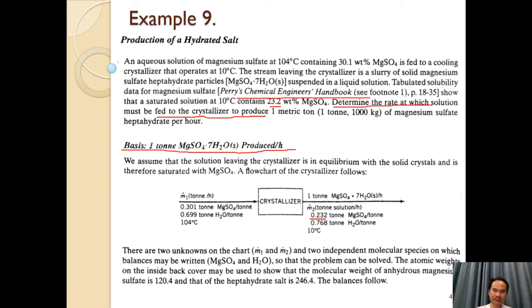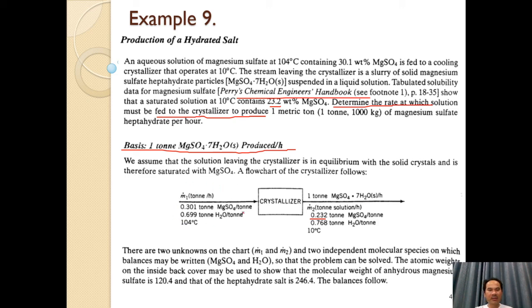It's the basis. Okay. Next, you draw the flow chart. M1 is the feed, and you don't know the feed. And the output, we know the 1 ton magnesium sulfate heptahydrate, but the total mass you don't know. M1 is total mass in, M2 is total mass output.